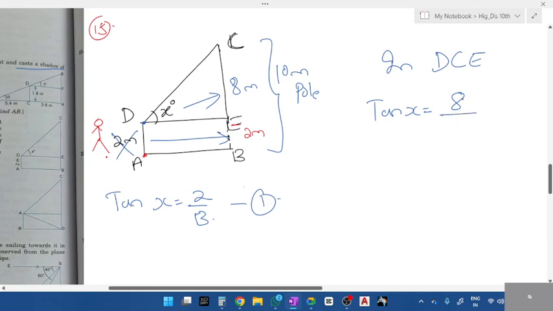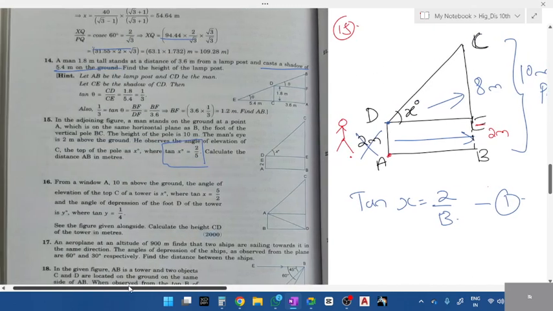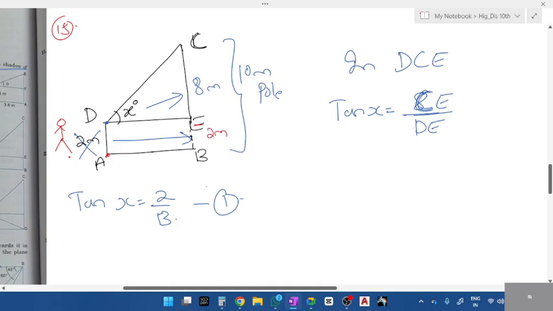Which one is the base, students? Perpendicular is CE, base is DE. Calculate the distance AB. AB is equal to which one? In a rectangle, AB is equal to DE. If you find the value of DE, AB will also be the same.